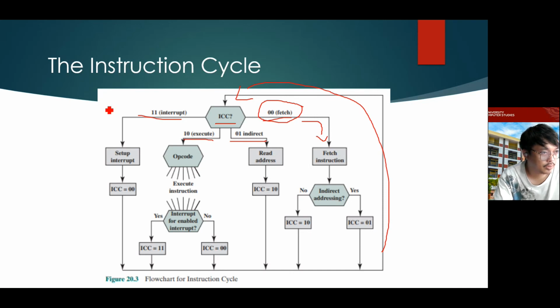Then PQ will go to the indirect cycle, 01 to the execute cycle, then the interrupt cycle. And the following Boolean expressions define this.